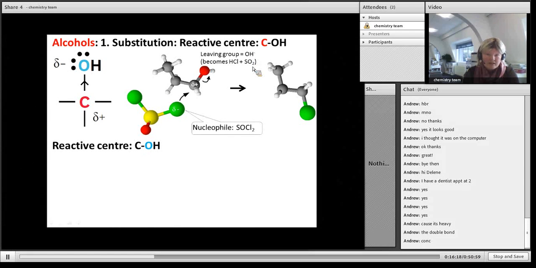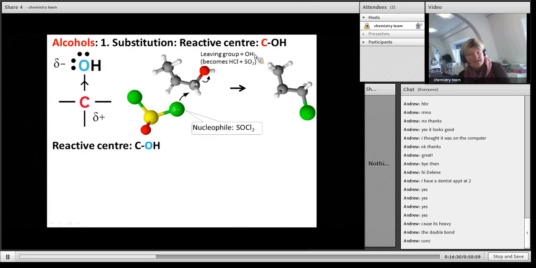So if you like, this S and O grabs that oxygen and forms SO2 gas, and then I've got the Cl from here and the H. So we have quite an acidic medium at the end when we use SOCl2.